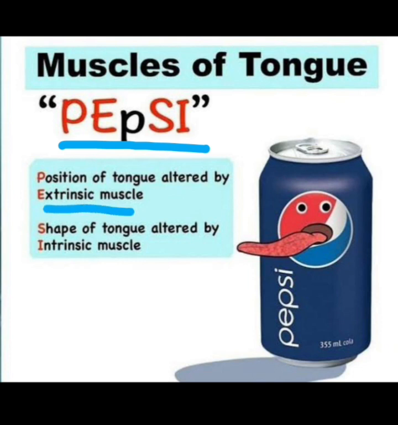The position of the tongue is altered by the extrinsic muscles and the shape of the tongue is altered by the intrinsic muscles. P is position, E is extrinsic, S is shape of the tongue, I is intrinsic. So you can remember by the mnemonic PEPS.